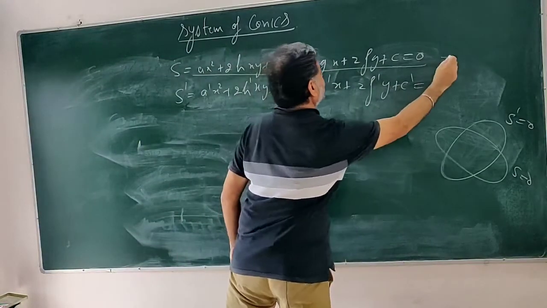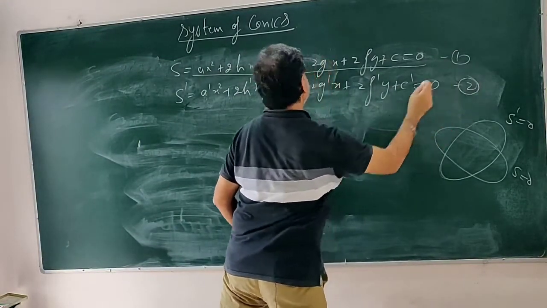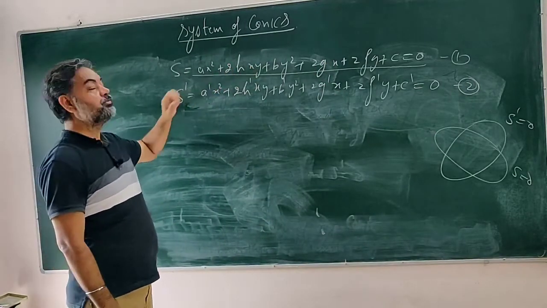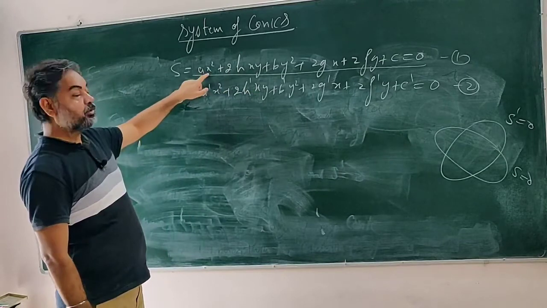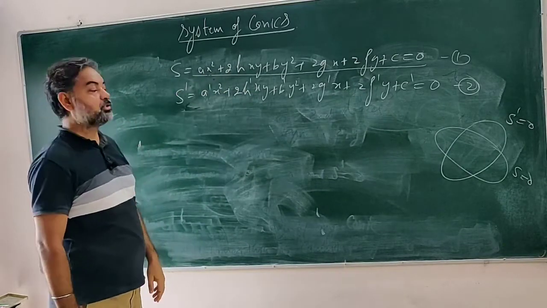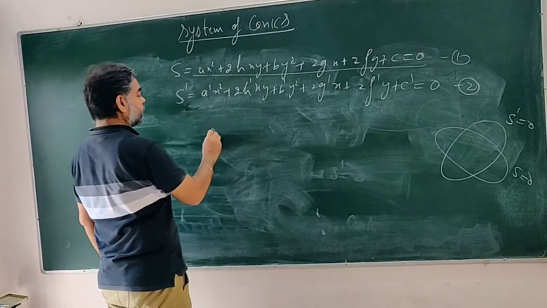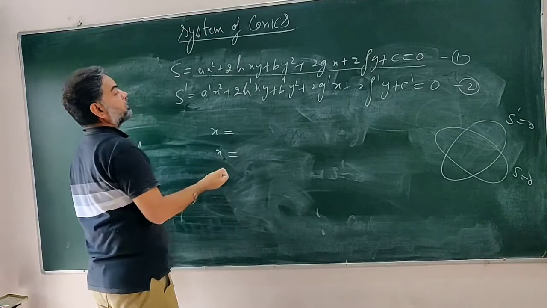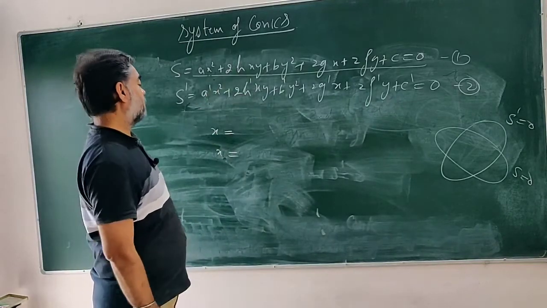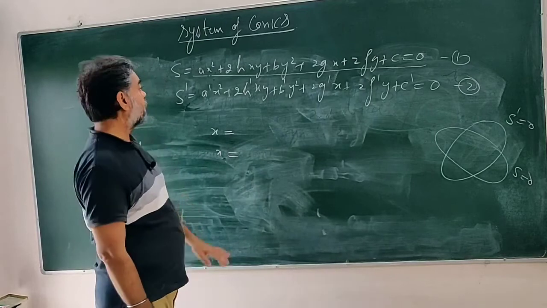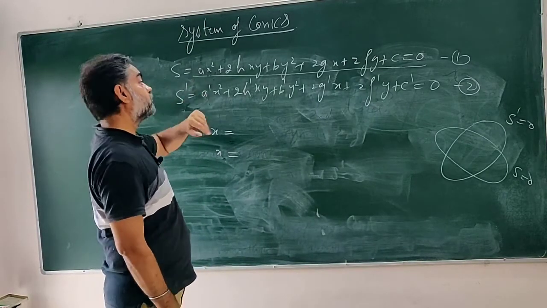Alright. So from the first equation, if you consider y as a constant and find the value of x, you get a quadratic equation in x. So if you solve this quadratic equation in x, you get two values of x in terms of y. Considering y as a constant, you get two values of x in terms of y.